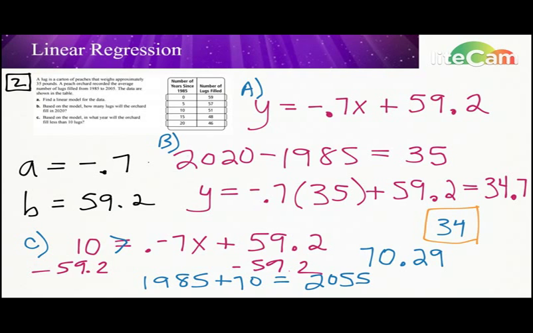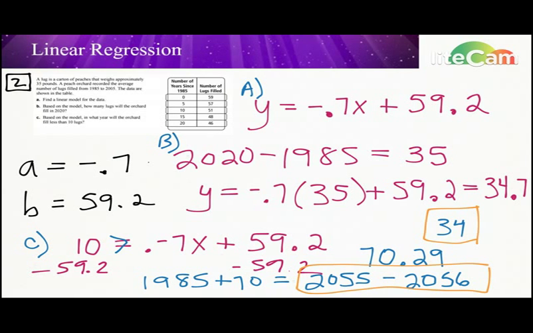And since we want less than, at what point does it reach less than? Let's go between 2055 and 2056. Okay, so that would be our answer for part C.